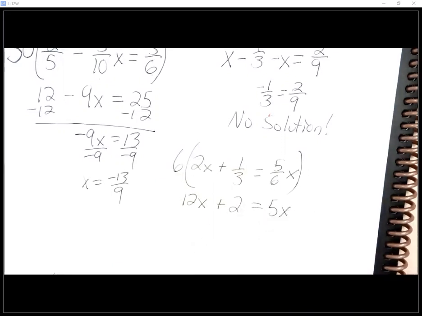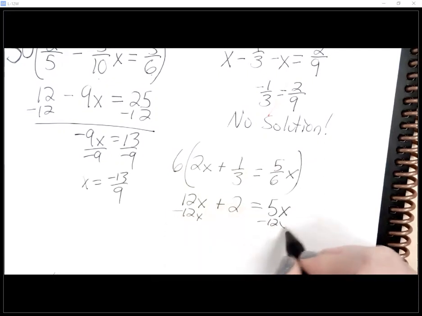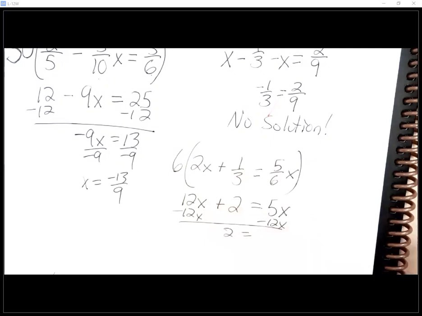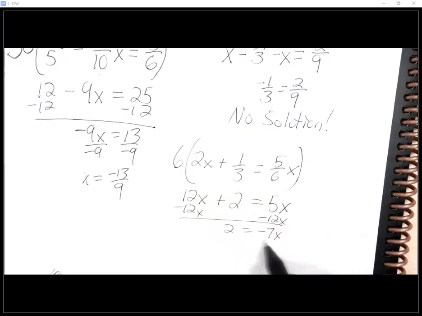Does that make sense? Okay, all right, now I can go ahead and get those x's together. I'll subtract the 12x. So what's that, a -7x, and then divide by -7? There it is.